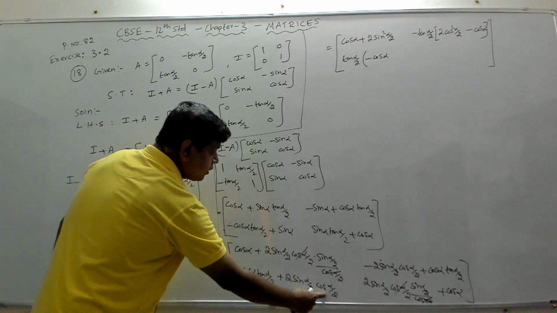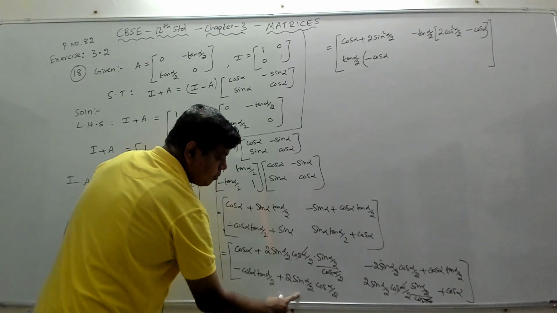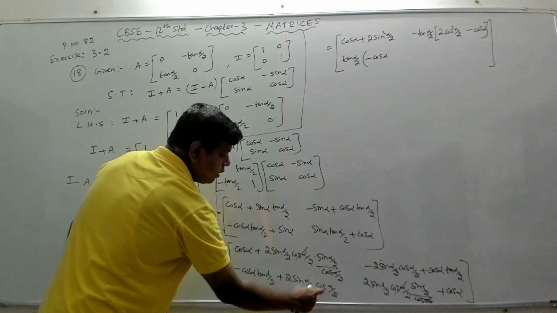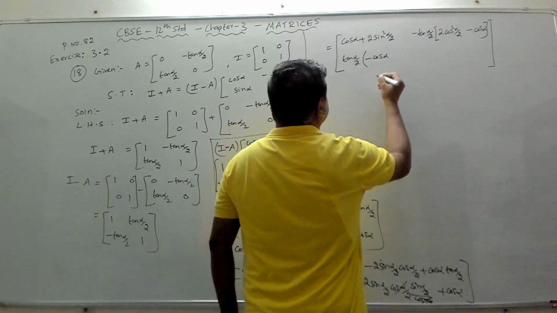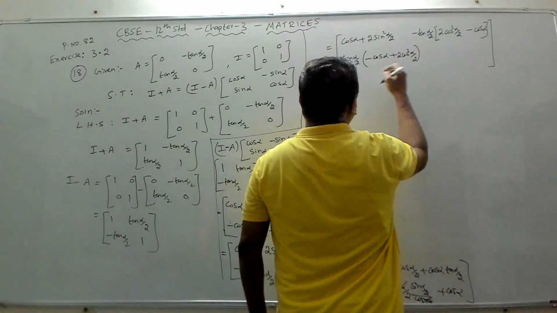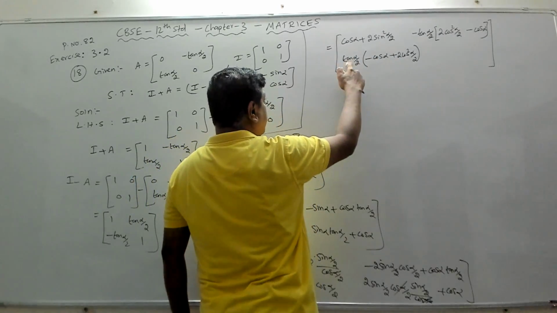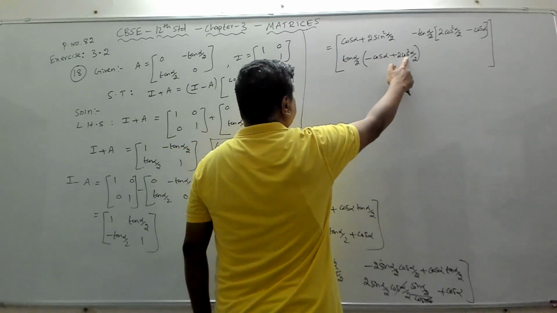And here I have taken tan alpha by 2 out, which means sin alpha by 2 by cos alpha by 2. I am multiplying and dividing by cos alpha by 2, so this will become cos square alpha by 2. Then this will become tan alpha by 2, that is taken out. It will become 2 cos square alpha by 2 plus 2 cos square alpha by 2. If you multiply tan alpha by 2 with this, tan alpha by 2 you write as sin alpha by 2 by cos alpha by 2, so one cos alpha by 2 and this cos alpha by 2 will get cancelled.